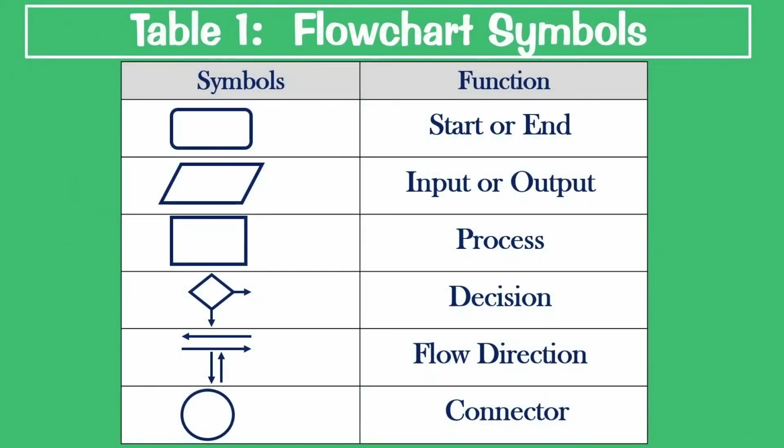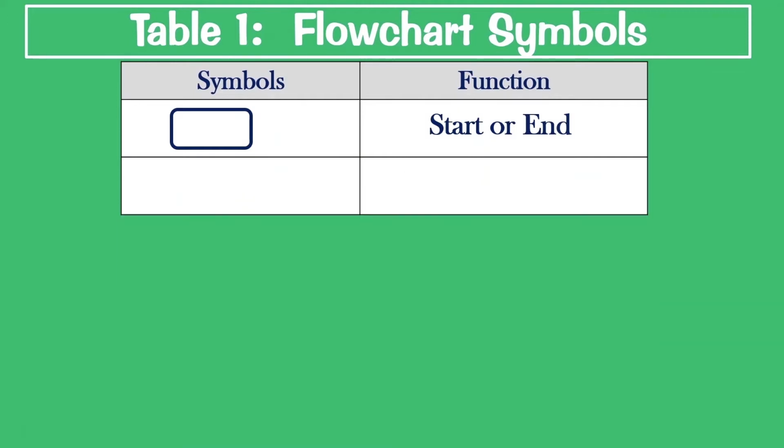Now, viewers, as you can see here in table 1, it shows different symbols of a flow chart and their functions. Let's get into the details. Begin or start and end or stop are represented by the same shape or symbol. This is the symbol that indicates the start or end of the flowchart.